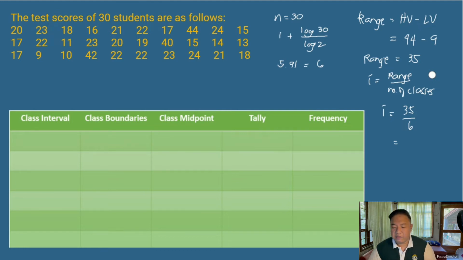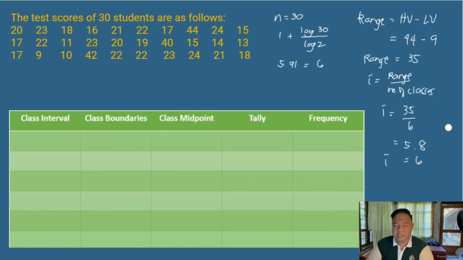It is 5.8. Or simply, dahil nga round up, automatically, this is 6. Sir, paano po pag 5.1 yan? Ang round up, 6 pa rin po yan. Okay? So again, kailan po tayo nagra-round up? Nagra-round up tayo kapag kukunin na natin yung class width. Pero kapag kay Sturges formula lang po, round off lang po tayo.